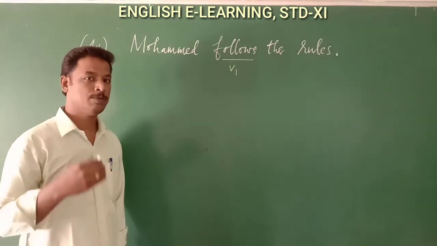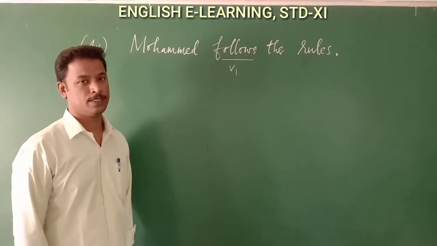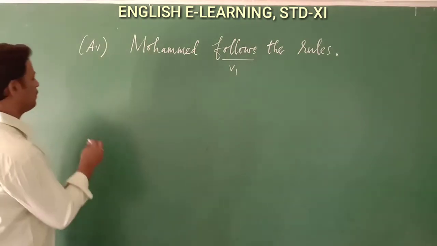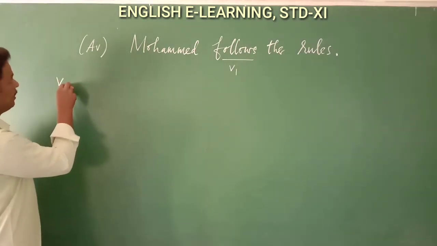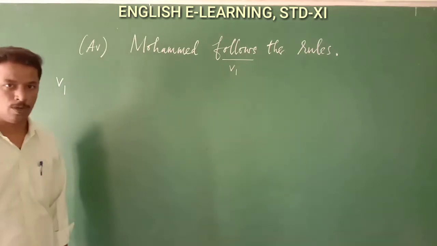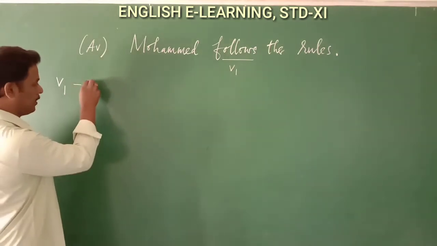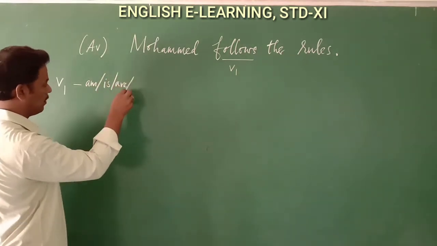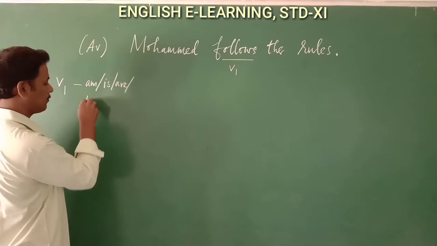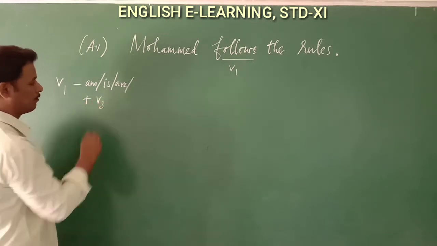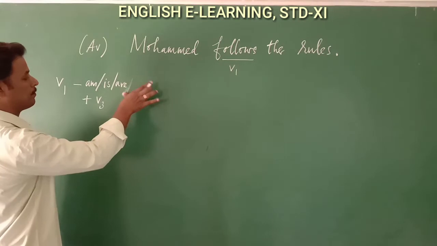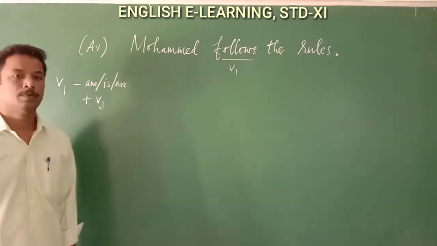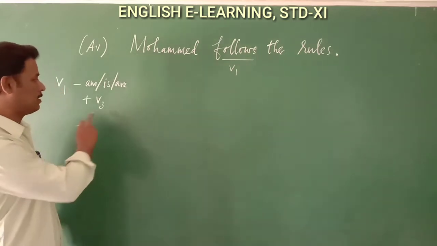So we have to remember the rules which we have discussed in the last class. There we saw a table. Okay, in that particular table, if you find the verb 1 in active voice, the rule must be am, are, is plus verb 3.